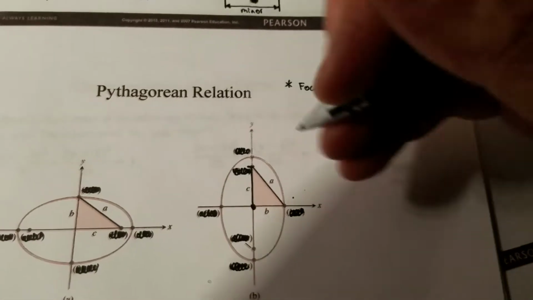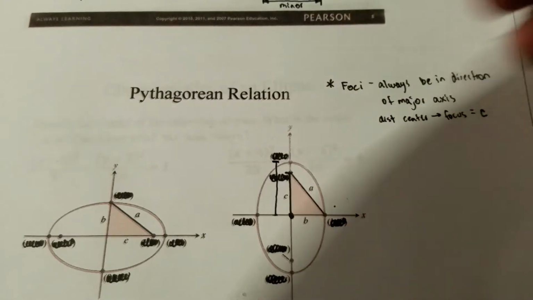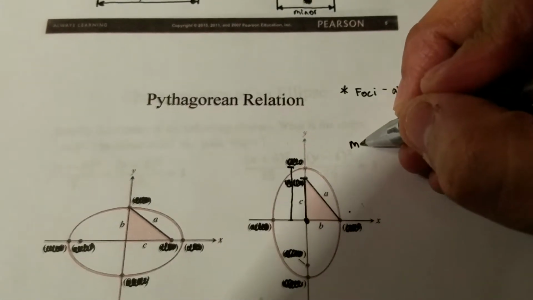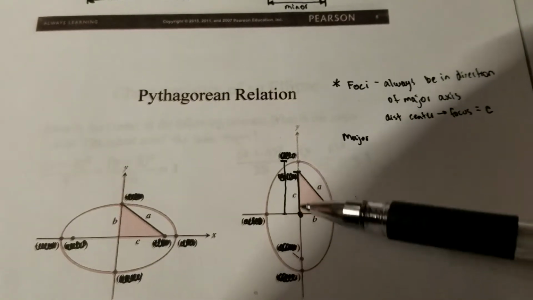Okay? The distance, we're going from the major axis, okay? Because this is the major, the big side.